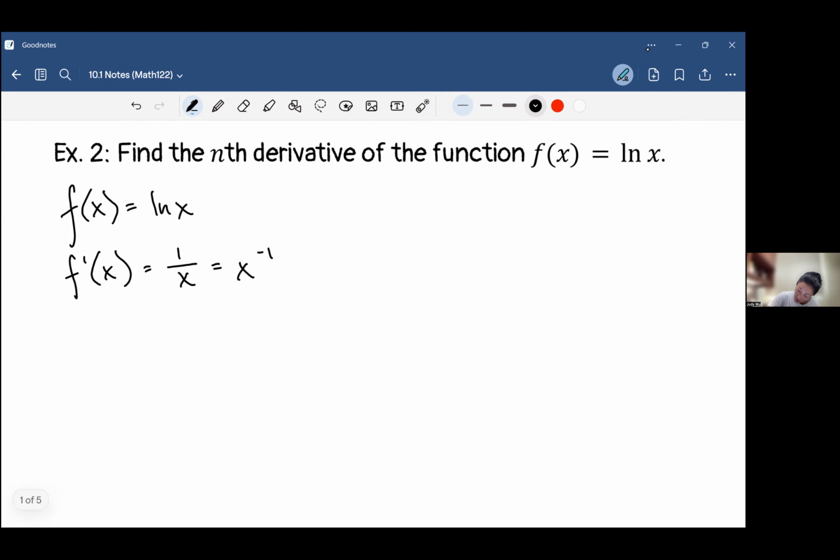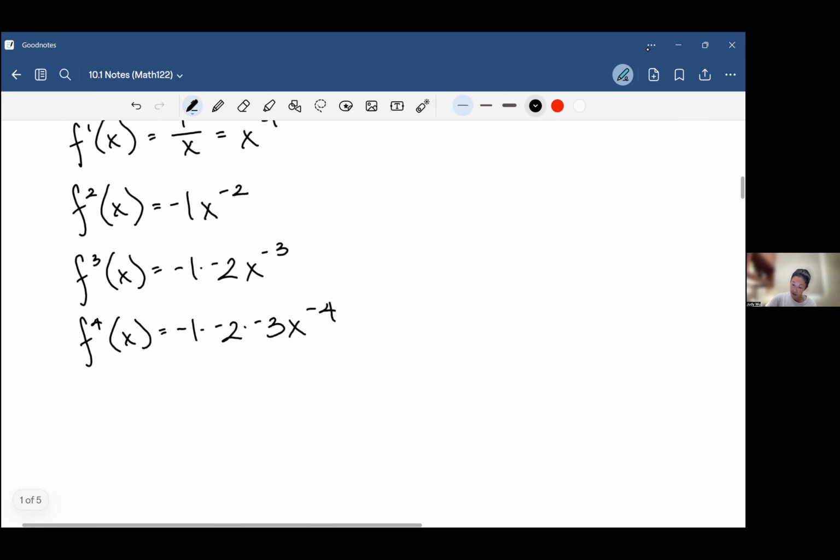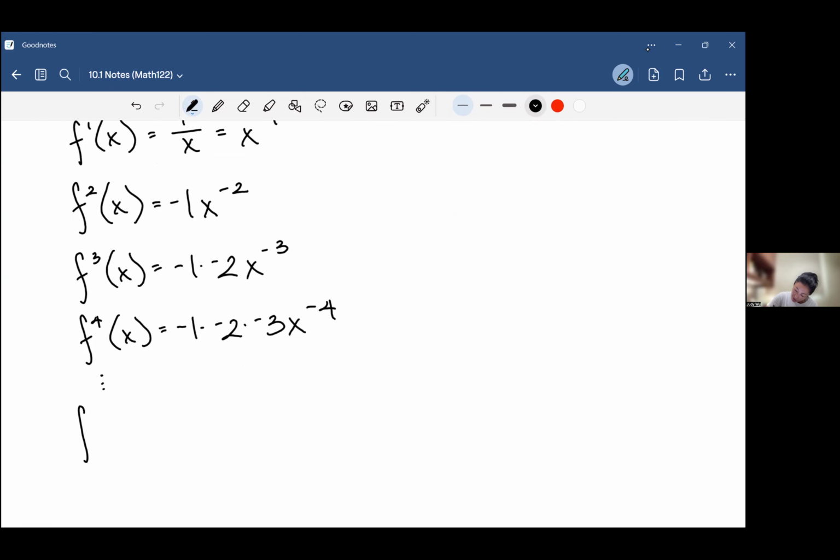And so it's going to be really useful to know what that power is so that we can use the power rule. So f double prime of x will be -1 times x to the -2. f triple prime of x is -1 times -2, x to the -3. The fourth derivative is -1 times -2 times -3, x to the -4. And I'm going to ask you to try finding what you think the eighth derivative is, right?